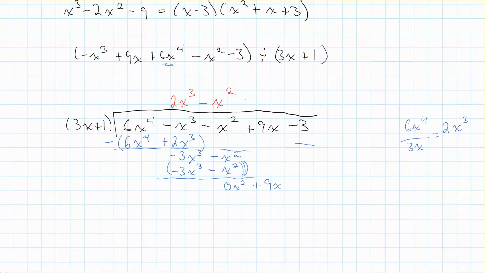Now, I'm going to go ahead and write it here. We typically won't write this in our answer, but then what we'd have is, of course, 0x squared plus 0x, subtraction, which gets me 9x, bring down the next term, minus 3. And so then, what do you multiply 3x by to get 9x?